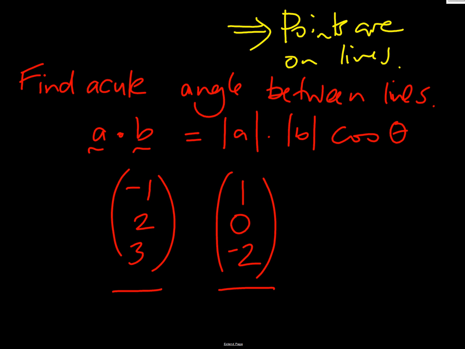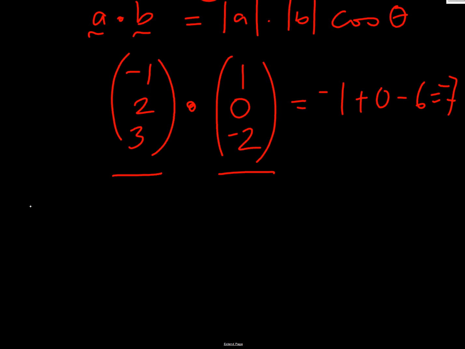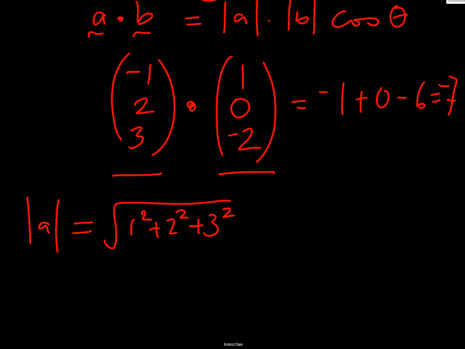So here's our two vectors, and we're going to create the scalar product of those two. So we're going to have -1 plus 0 and a -6. So we've got a -7 as our dot product. Then we're going to find modulus of A, which is going to be the square root of 1 squared plus 2 squared plus 3 squared, which equals 1 plus 4 plus 9.